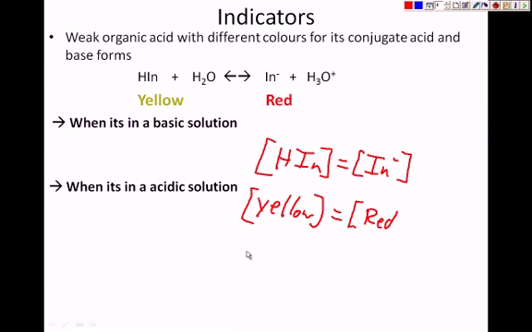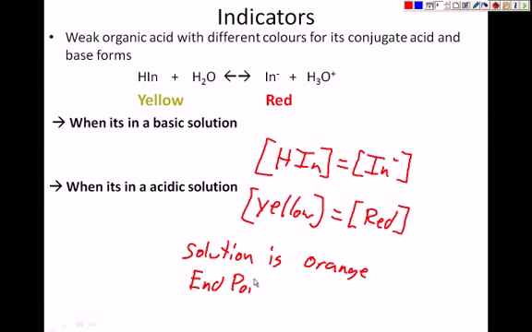And so your solution is half yellow and half red. The solution is then orange, a mixture of yellow and red.